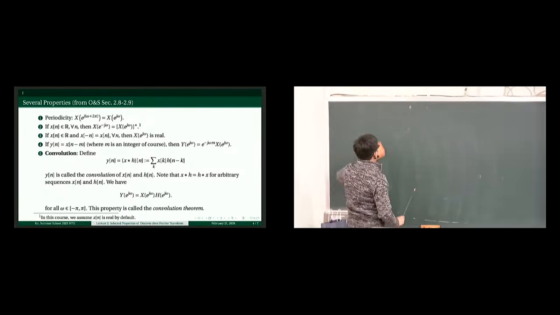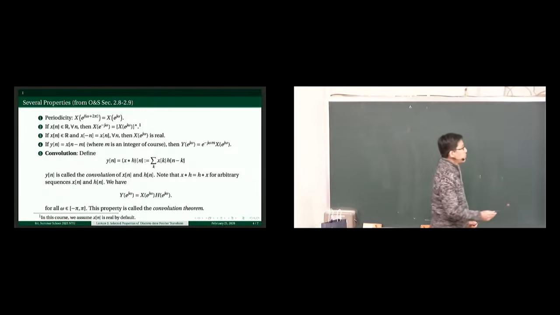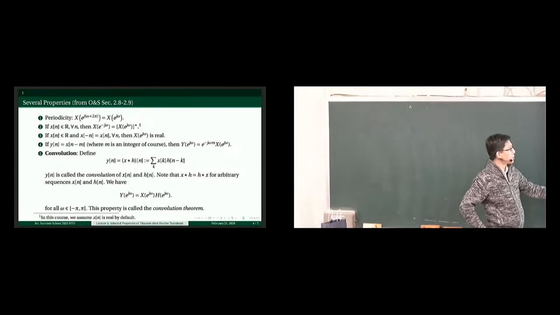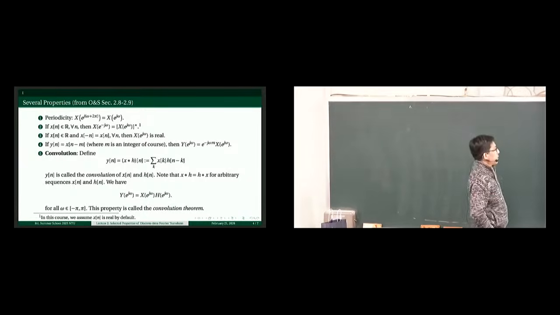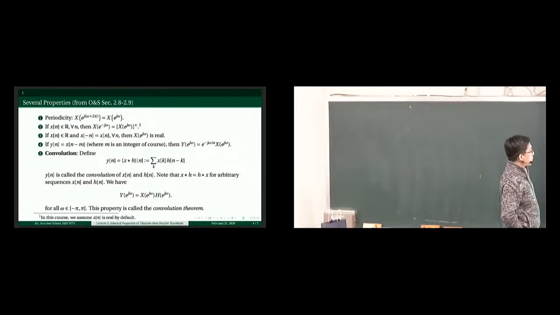This property goes that if we shift the signal to the right by m samples, that is, if we apply a delay to the signal, and y is x delayed by m samples, where m is also an integer, right? Now this happens a lot. You delay the signal by a few samples, why not? And then again, we ask what will happen in the frequency domain?